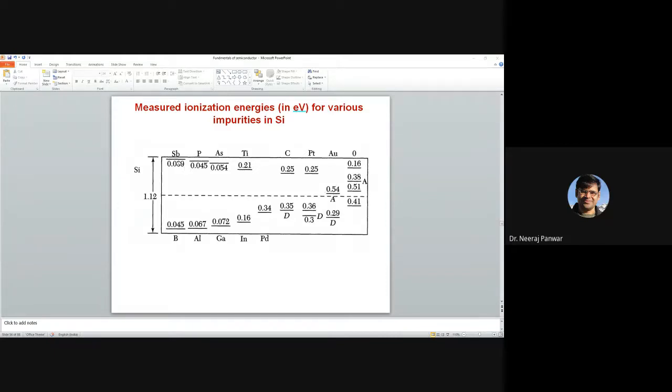If you compare antimony with this, it requires only 39 milli electron volt to ionize the antimony donor atom. But here, D represents donor and A represents acceptor, and it requires 290 milli electron volt of energy to ionize this atom. I hope it is clear to you.